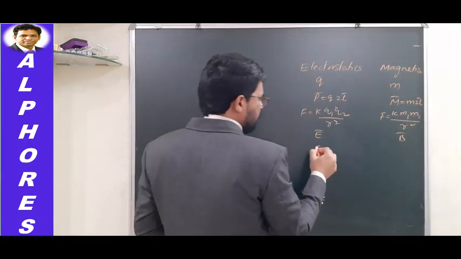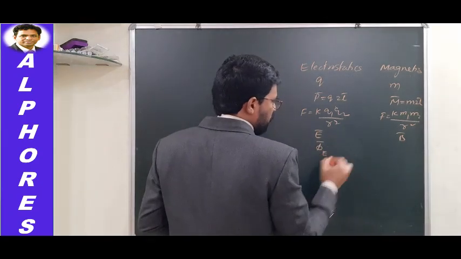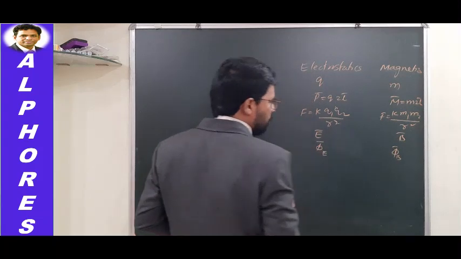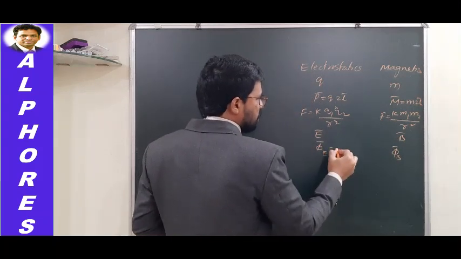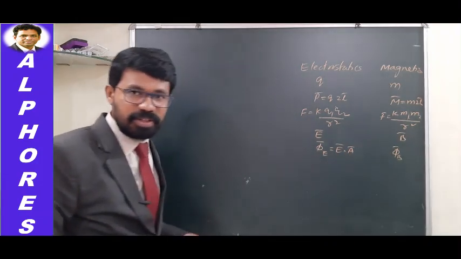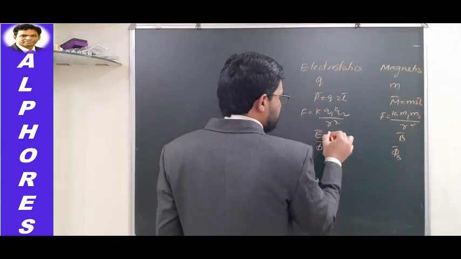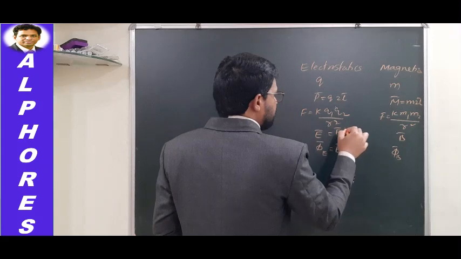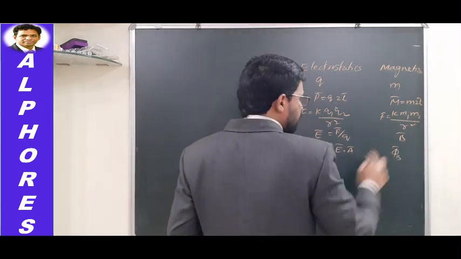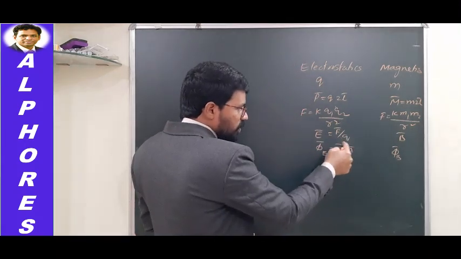If you are talking about electric flux phi E bar, you can talk about magnetic flux phi B bar. Electric flux is expressed as E bar dot A bar, which we have seen already. And this E bar is expressed as force per unit test charge. Similarly, here B bar can be expressed as force per unit pole strength in place of charge.